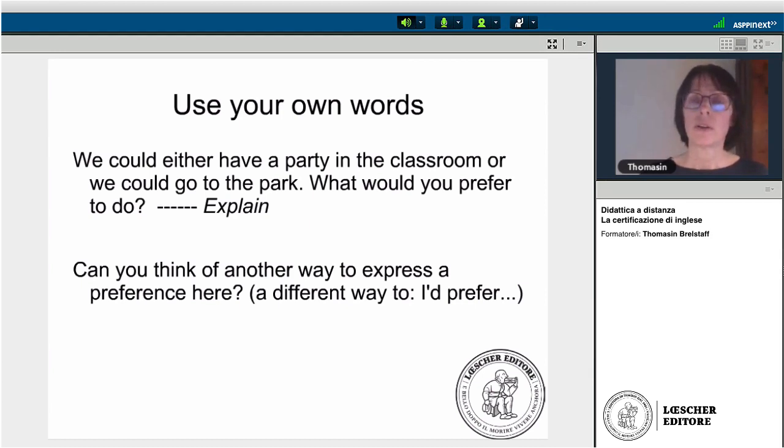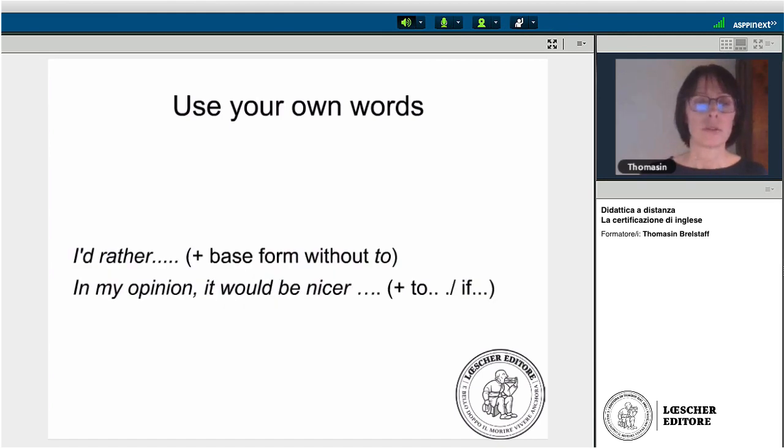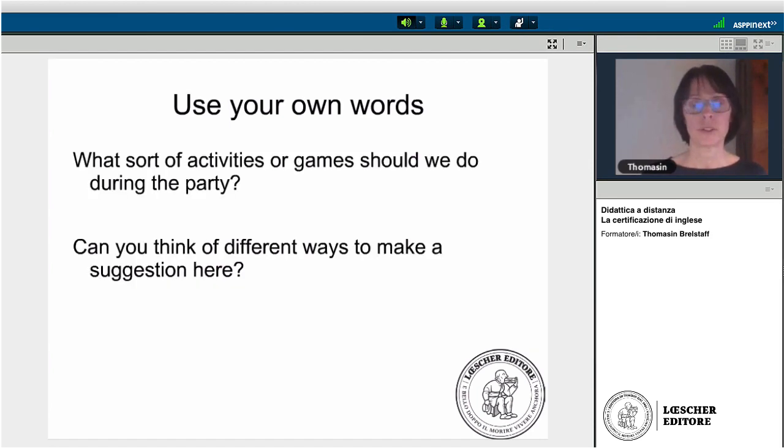But if we're going to write something, we could write something different. We could even use an expression like I'd rather, or in my opinion, it would be nicer to whatever. So we've used a different expression to the one in the task. We've used our own words.